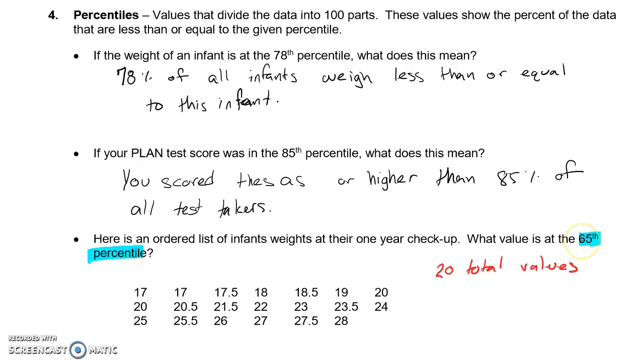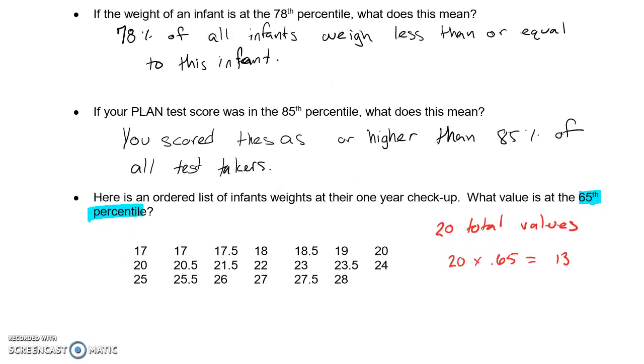To find the 65th percentile, we calculate 20 values times 65%, which would be 0.65. When we do that, we get 13. That means 13 values need to fall at or below your infant's weight.